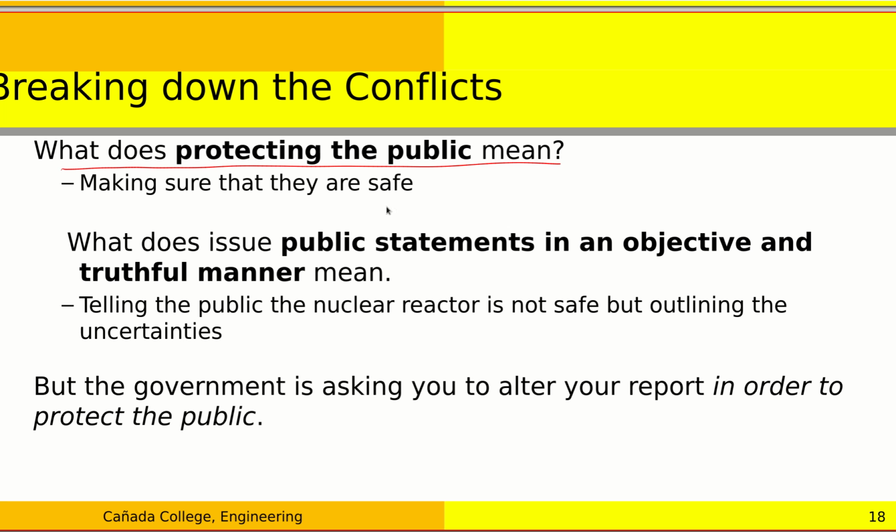So the first one is protecting the public. What does that mean? Well, what it means is you want to make sure that they are safe at all times to the best of your abilities, right?